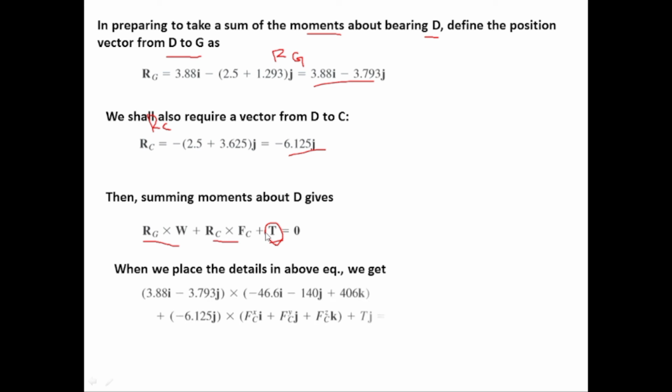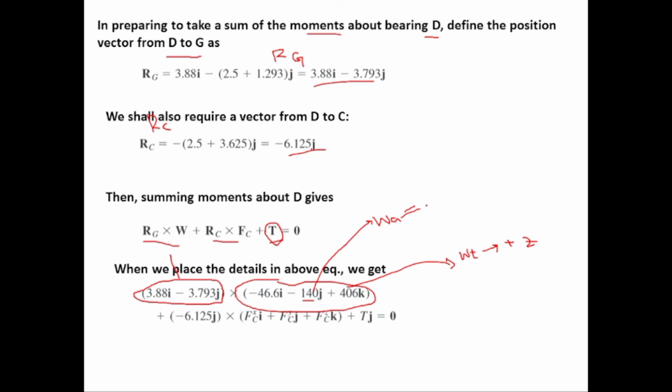Now summing the moment of all the forces, so rg cross w plus RC cross FC plus TJ. This is RG. WT was 406 in positive Z direction, and WA was 140 in negative Y direction, and WR was in negative X direction, 46.6.